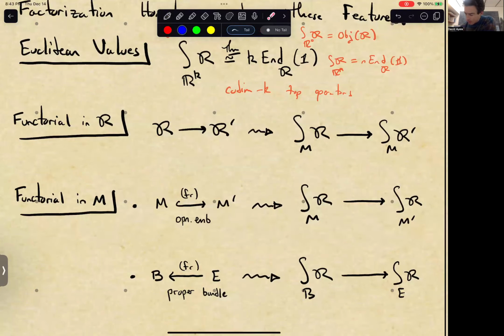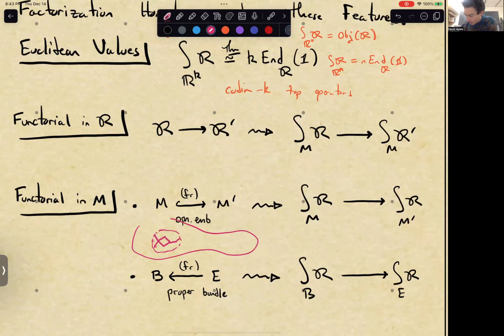Here is where the point in R is being used: if you have a disk stratification of M and an embedding of it into a larger one, you just extend by the unit everywhere.